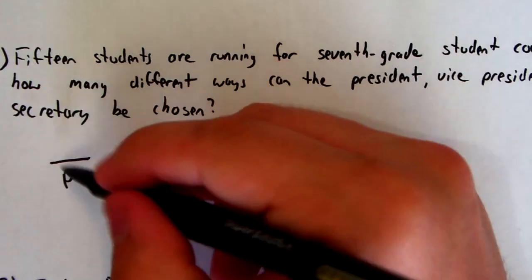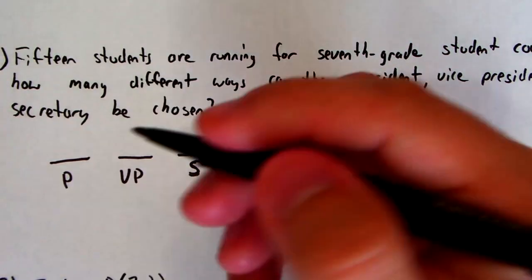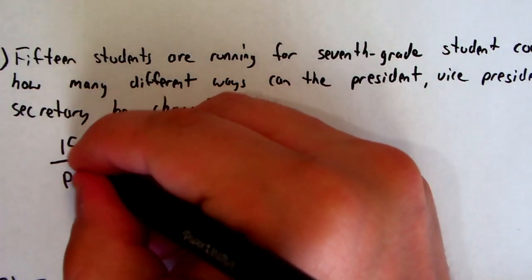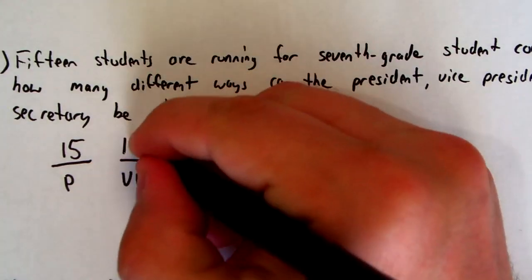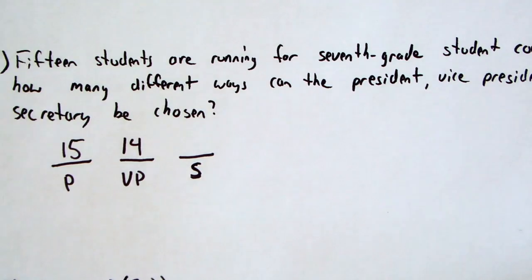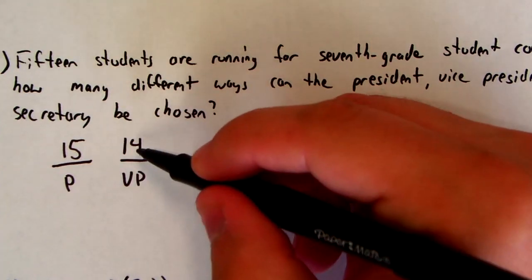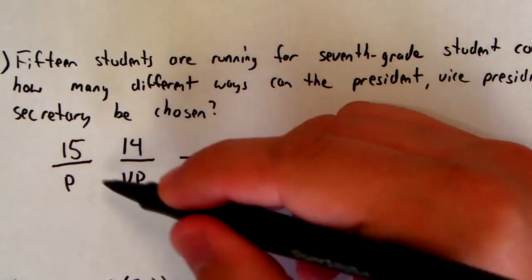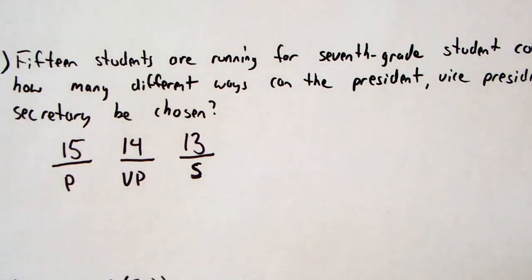In this first option, there are 15 total students that you could choose for president. Once you've chosen the president, you only have 14 people left, and those 14 people could be chosen for vice president. Once you've chosen a president and a vice president, you've already used 2 of those 15 people, so there are only 13 left for the secretary.